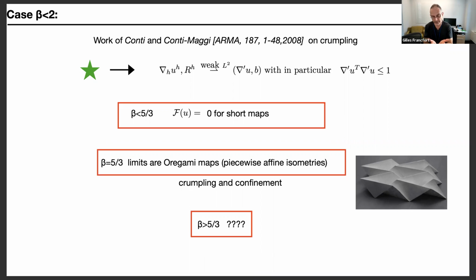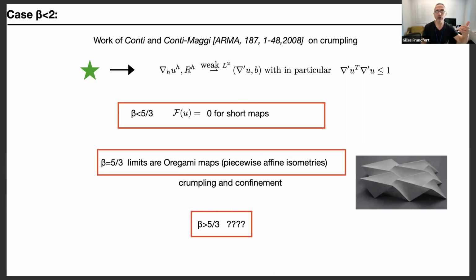And so you don't know that the limit is a rotation. The only thing you know is that RH transpose RH is the identity because RH is a rotation.